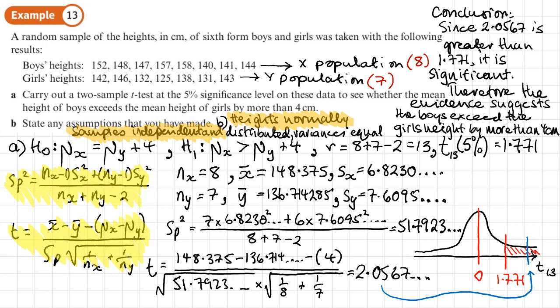And that the variances are equal. Okay, so heights normally distributed, samples independent, maybe I should put bullet points before these. So one here, one here, one here. Here, samples independent and the variance is equal. They're the assumptions that I've made.